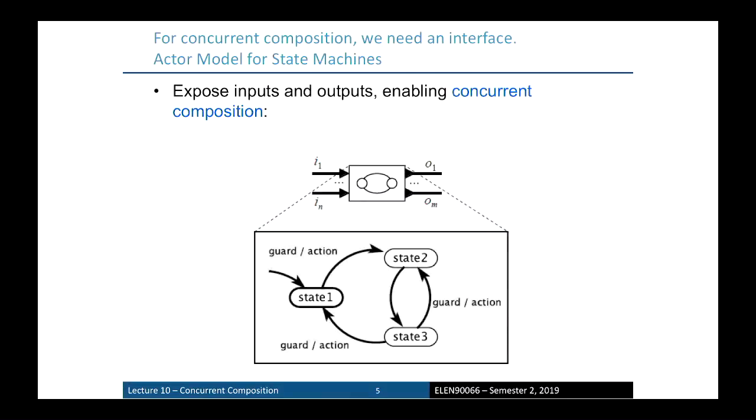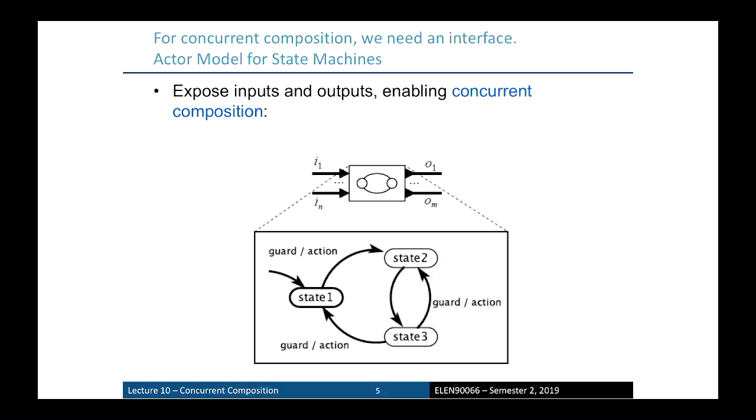So in order to talk about concurrent composition, so far we've just looked at state machines that are represented by our little abstract bubbles indicating states, transitions with arrows, guards, which are logical predicates that tell us how it transitions between states, and then actions that are specified in terms of outputs of the machine.